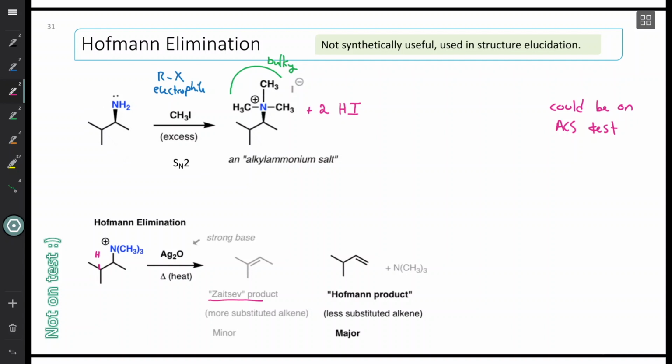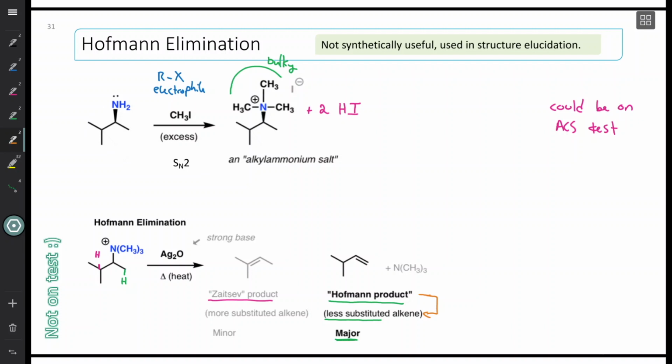That would give you the more substituted product, which normally is the major product. But because this ammonium salt is so big, you'll actually deprotonate on the less substituted side, and you get what's called the Hofmann product with the less substituted alkene as your major product. So that's the main thing that you need to know, basically, is that Hofmann product means less substituted alkene.